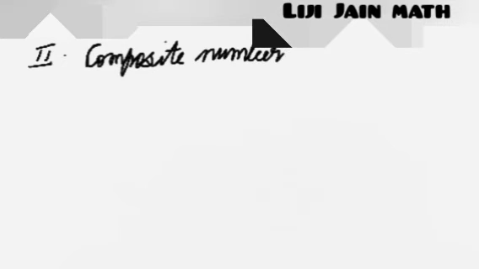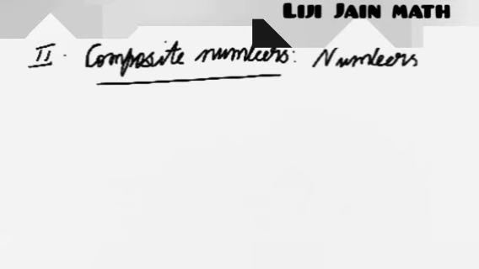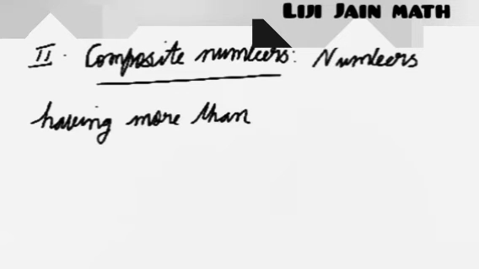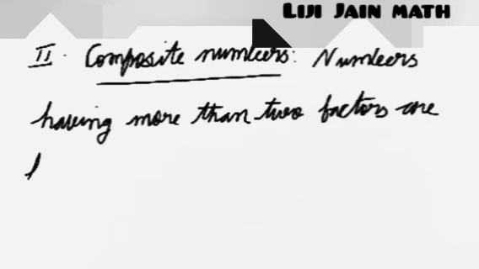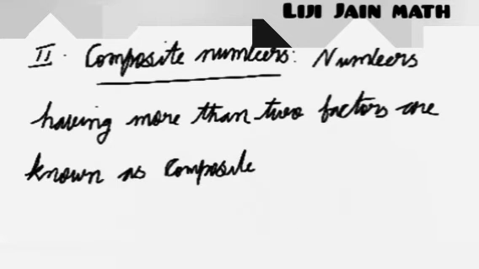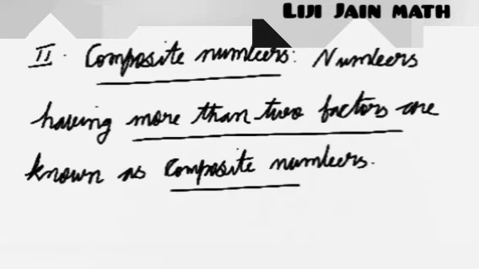Please write down: numbers having more than 2 factors are known as composite numbers.